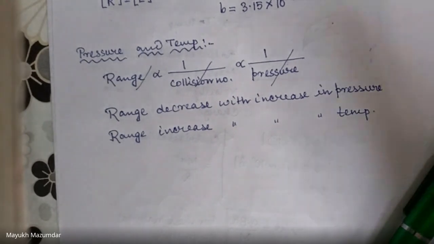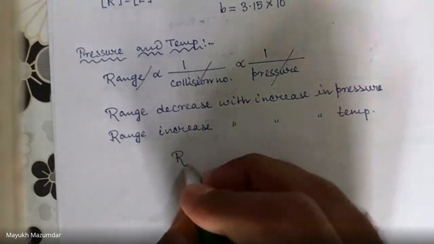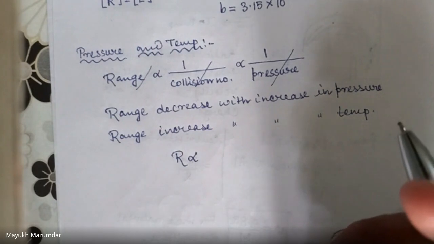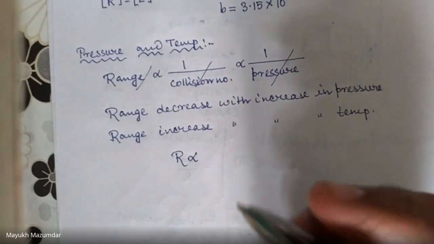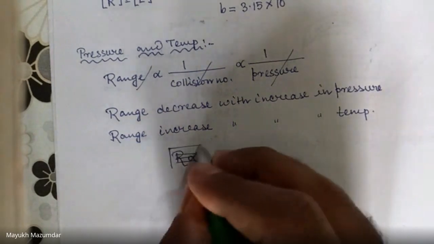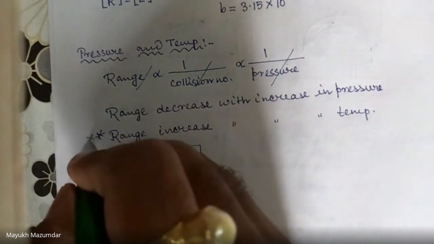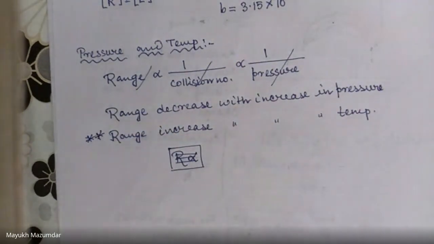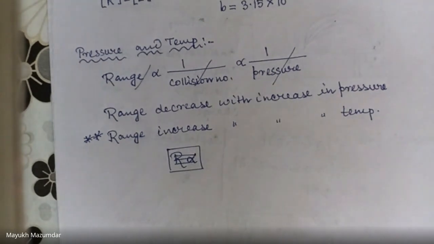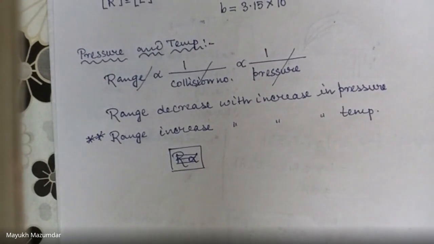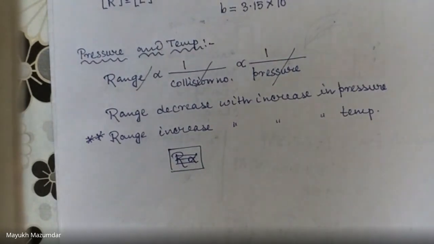But I think the reason is this. Let me check once again whether it is correct or not. Maybe the gas molecules are now moving far away from each other. That is giving a larger mean free path. But what you're telling is also correct. Okay, I'll check this thing.